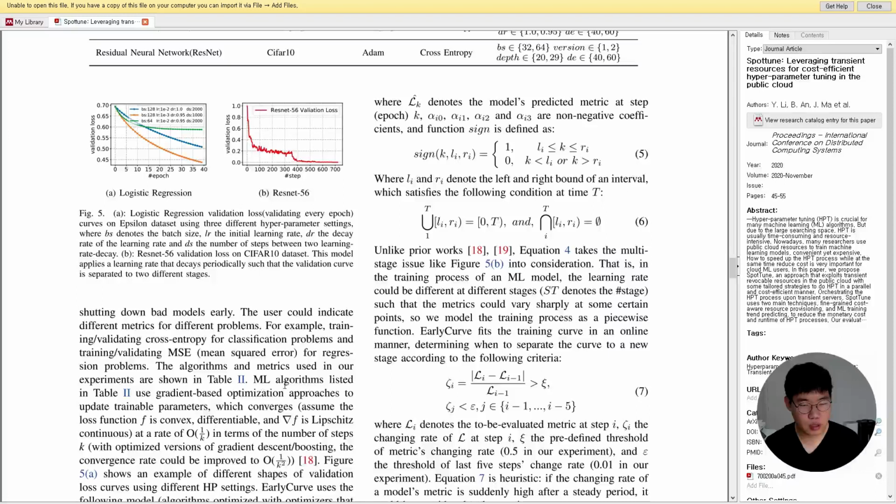Machine learning algorithms listed in Table 2 use gradient-based optimization approaches to update training parameters, which converge.